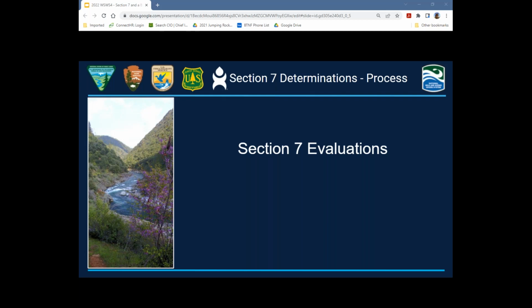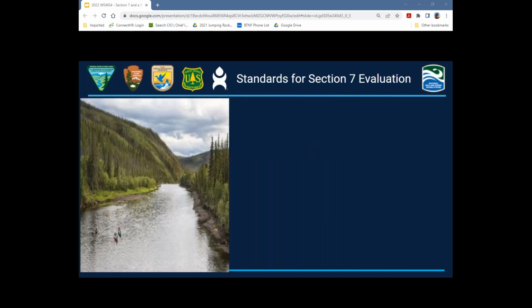All right, moving on to Section 7 evaluations. Another reminder of the 4 evaluative standards, because I haven't told you them enough today.